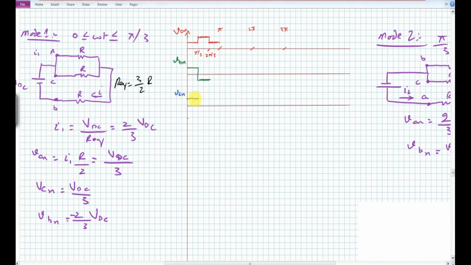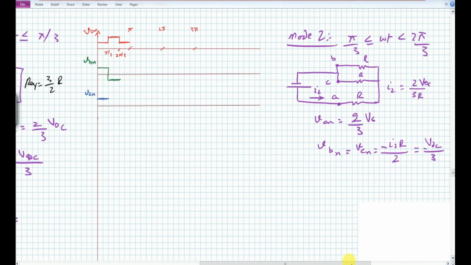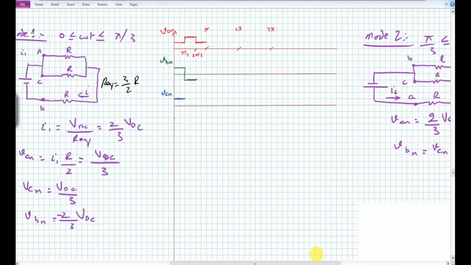This is the VCN. During the second subinterval, this VCN is equal to minus VDC by 3. So it will come on the bottom side, and for this period it will be equal to minus VDC by 3.